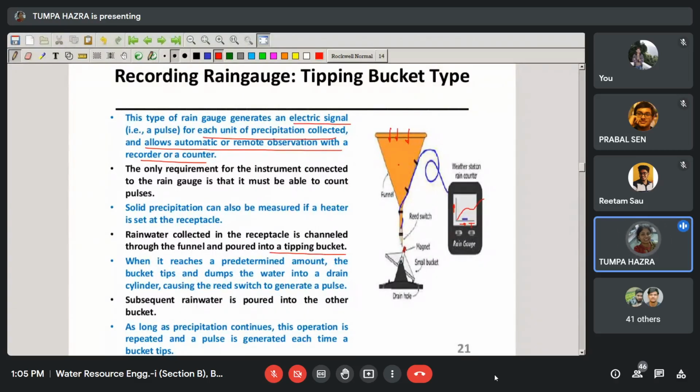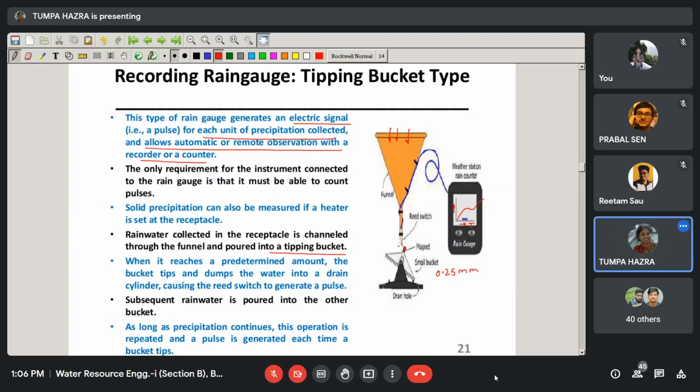Whatever rainfall is collected through this funnel is poured into the tipping bucket. These buckets are so balanced that when 0.25 millimeter rainfall collects in one bucket, it tips and brings the other one into position, and the water from the tipped bucket is collected in a storage can.